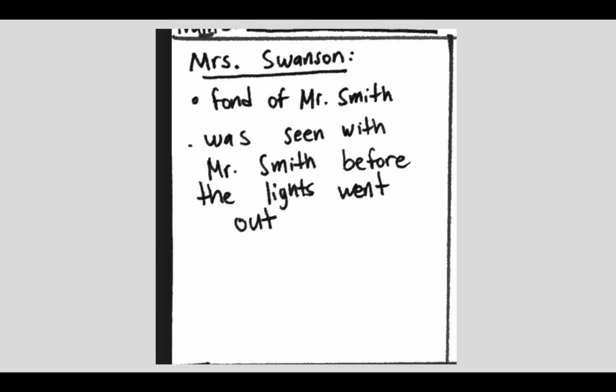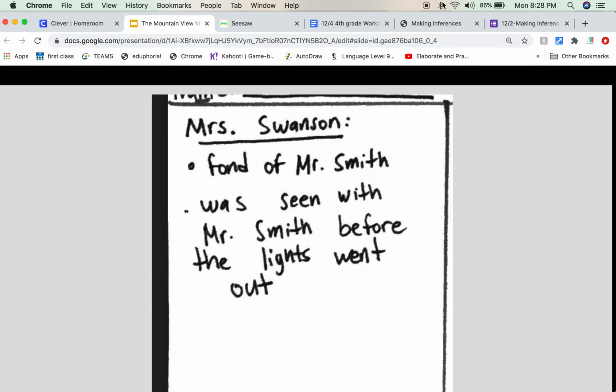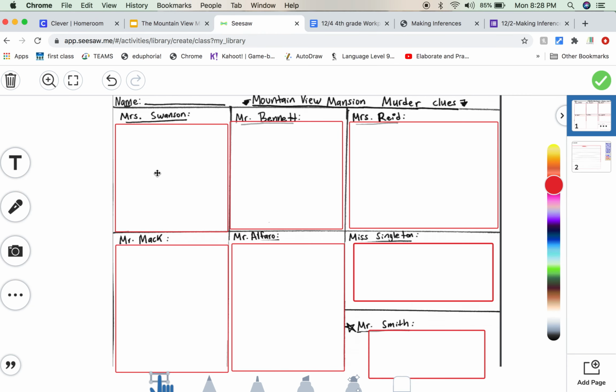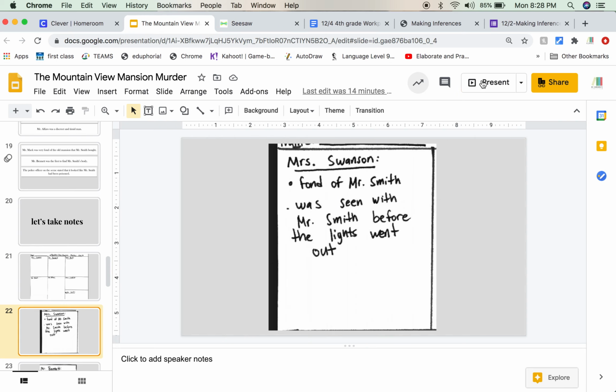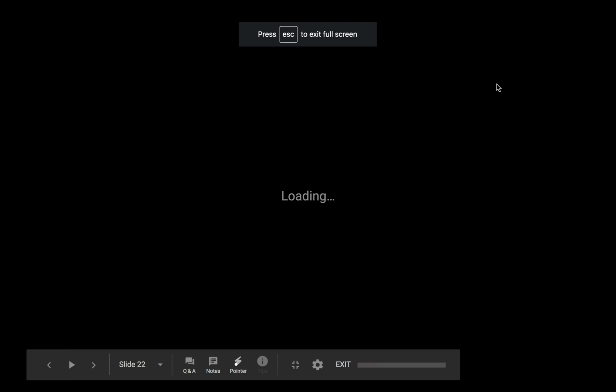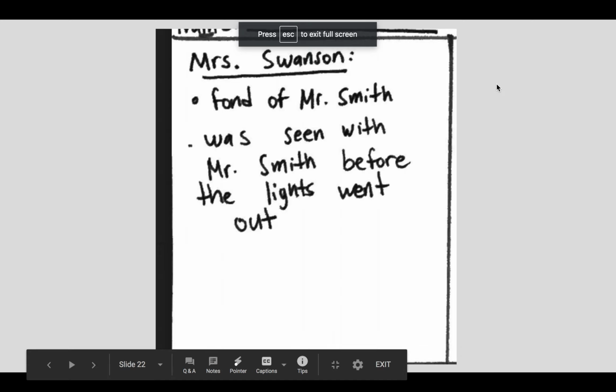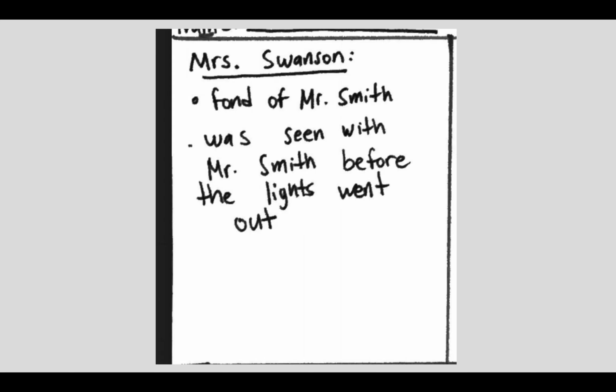And then you'll pause the video and you'll go to Seesaw and you'll type in the text box. The first suspect, the first person that you're going to be taking notes on. And these notes are all the clues, just condensed. Just the important parts. And we're not writing complete sentences. These are just phrases. So please go at your own pace and write this.